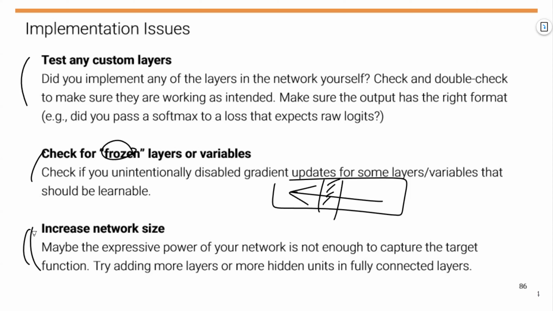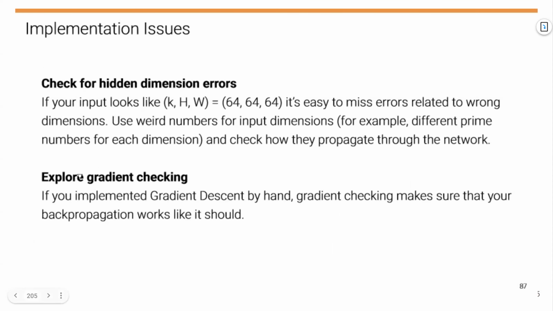Therefore, you need to set the network size with the proper one. And hidden dimension errors, you also need to think about it. The dimensions might go wrong. So you need to check the dimensions and explore gradient checking when you're developing your own modules or layers.